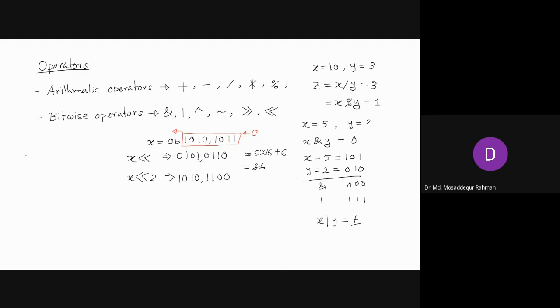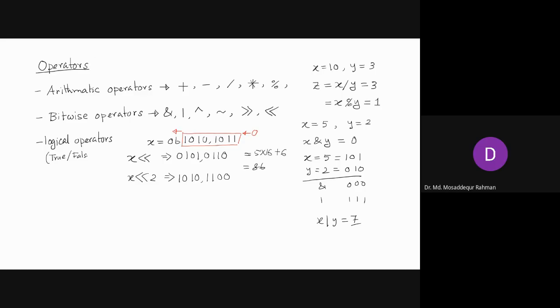So these are bitwise operators, and then we have other operators called logical operators. Logical operators can have only 2 outputs, called true or false.